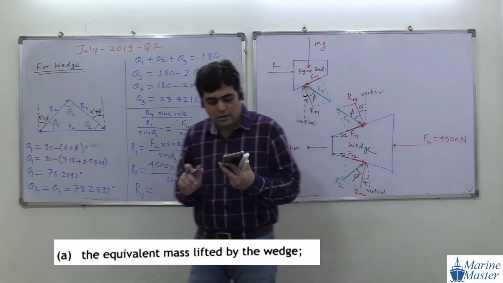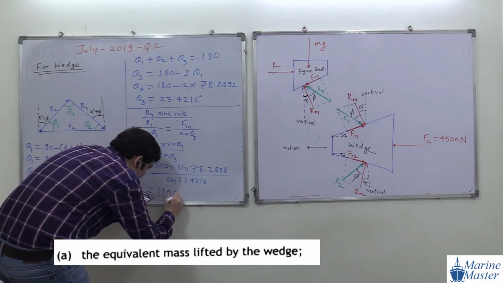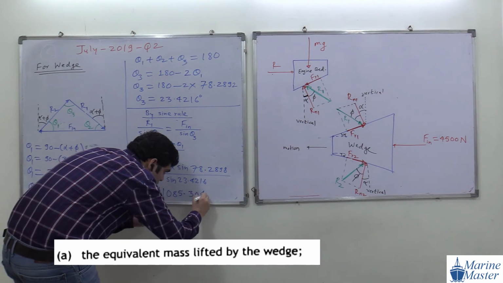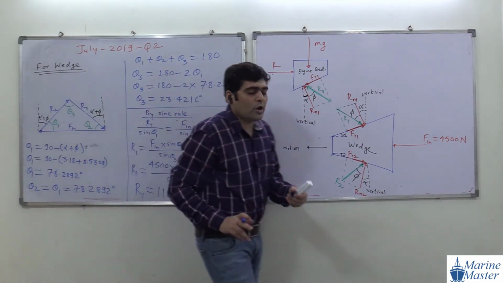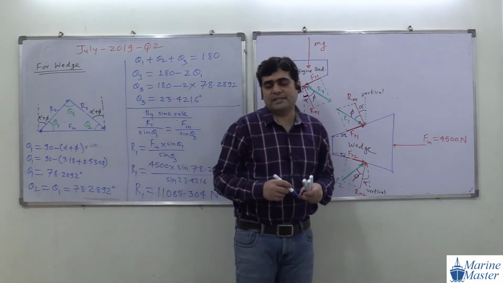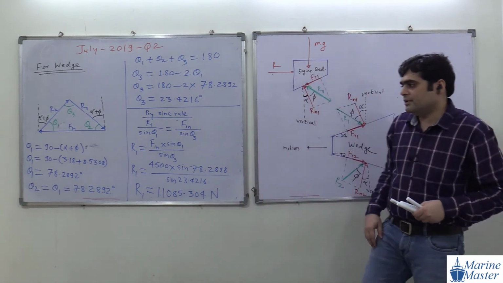R1 is 11085.304, unit is Newton. Okay, guys, so we got R1. By using R1 we are going to find the mass here. Please everyone write down up to this point, up to R1.